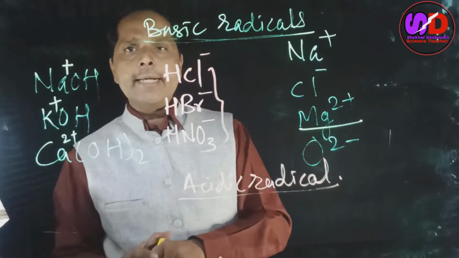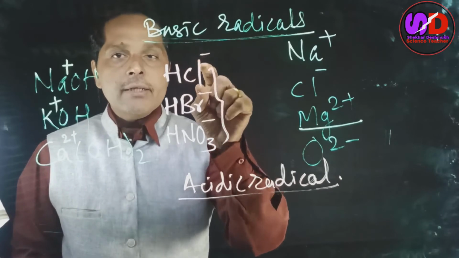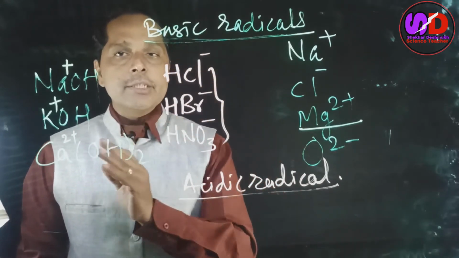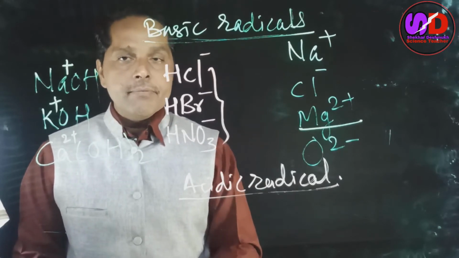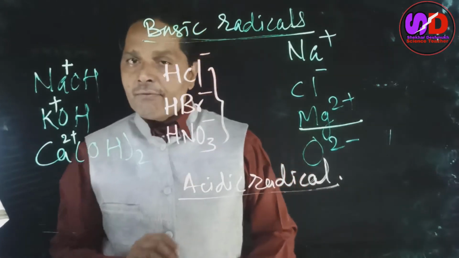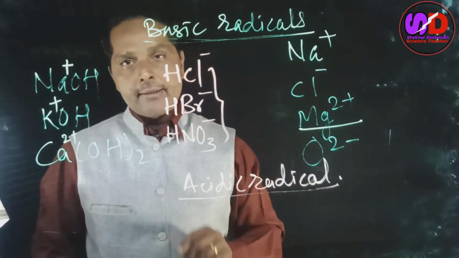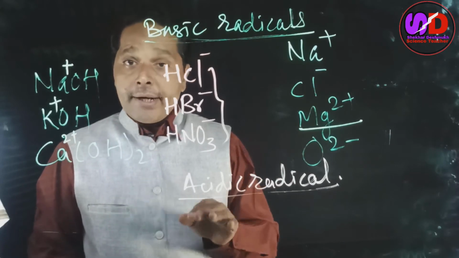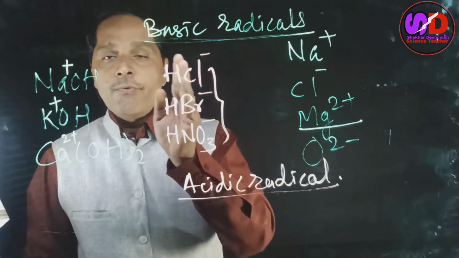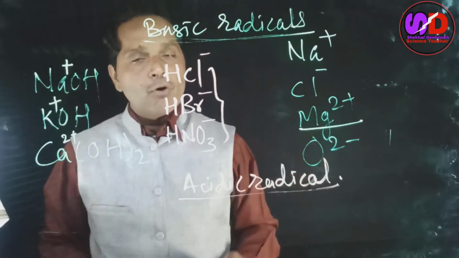Why is it called an acidic radical? These are anions. Whenever different anions react with hydrogen positive ion or cation, an acid is formed, and therefore these negative radicals are called acidic radicals. Depending upon which acidic radical is reacting with hydrogen, different types of acids are formed.